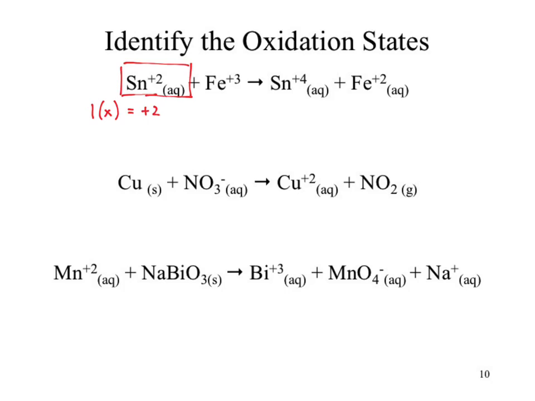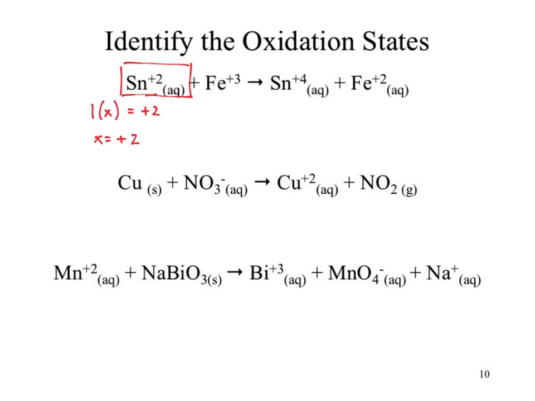I need to get the X by itself, so I'll divide both sides by 1, and I get X equals +2. So we know the oxidation state for that tin is a +2.